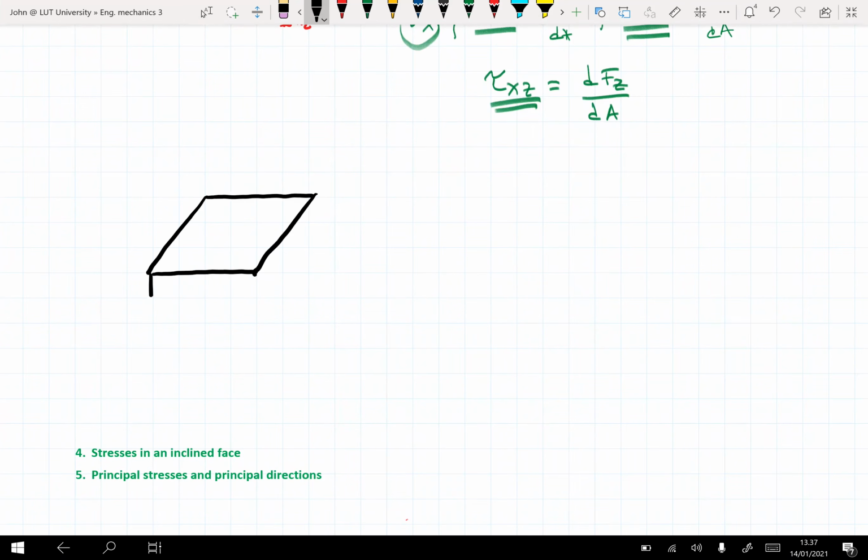Let's draw all the faces. So this is going to have six faces, and each one of these are the positive faces when I'm looking at them.